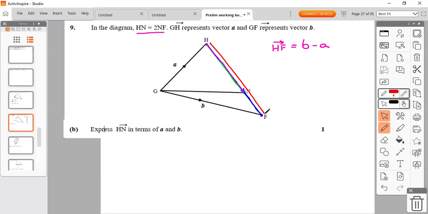That could be broken into 3 of the distances NF. That distance is the same as NF, and that distance is the same as NF. So essentially HN is 2/3 of that full distance.